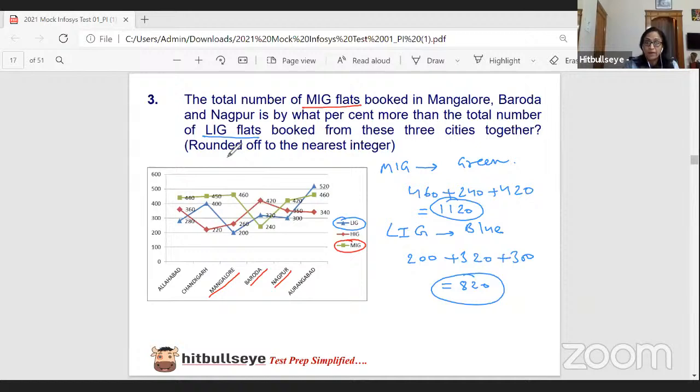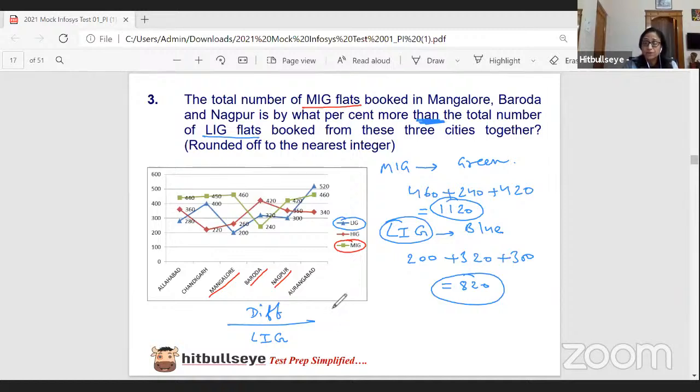You are comparing with the word than. Than is being used for LIG. So LIG is my reference point. Remember, when you talk about percentages being more or less, the word that carries the word than with itself is the base which goes in the denominator. So of course, their difference will be in the numerator, but the denominator will be the figure for LIG. Be very careful about it.